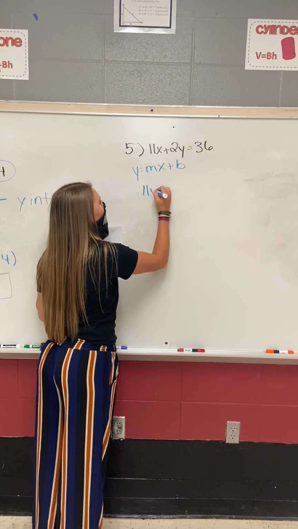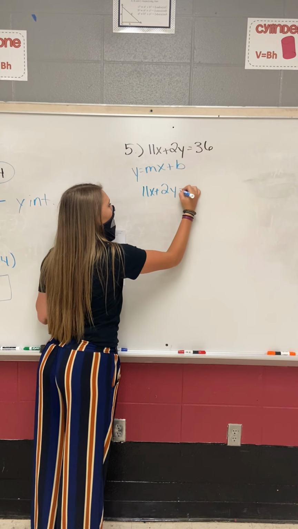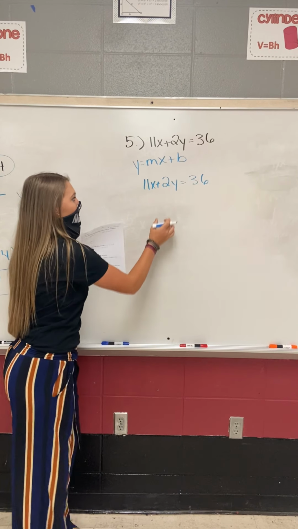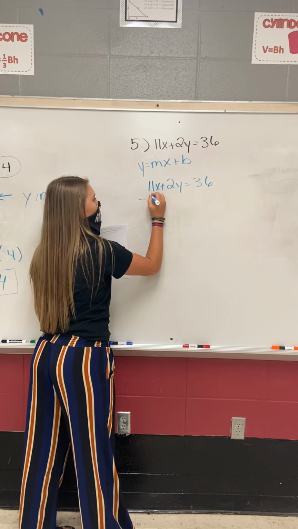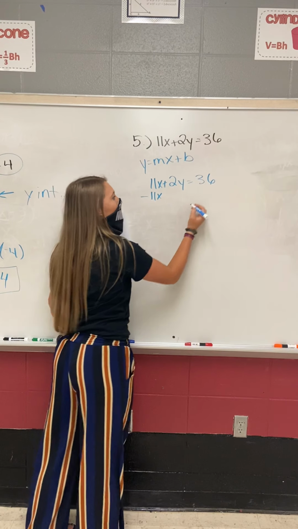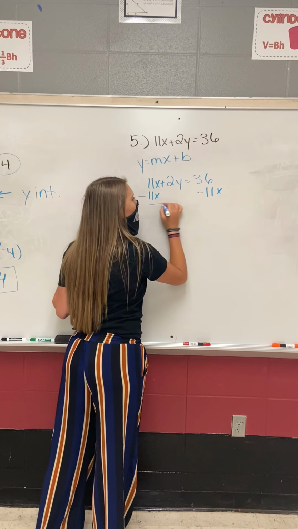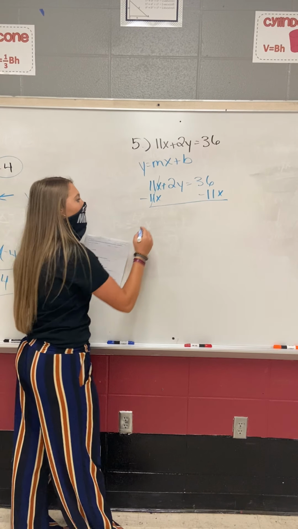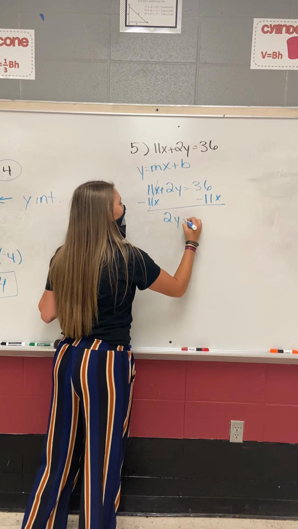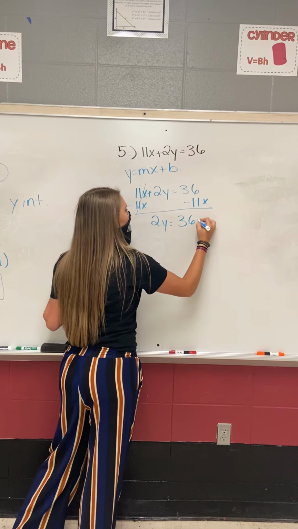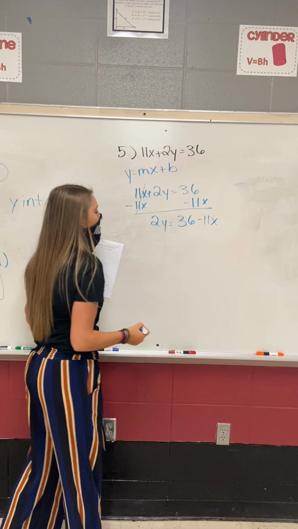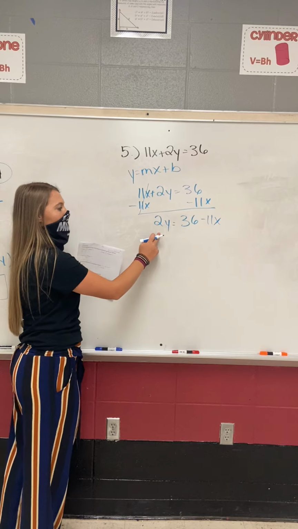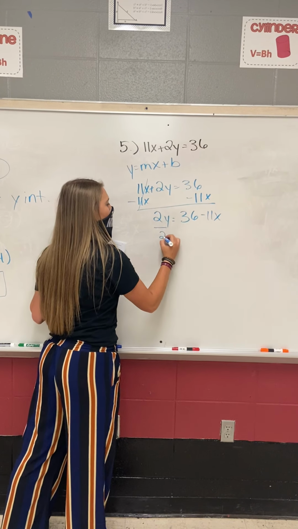So if I have 11x plus 2y equals 36, to get y by itself, I need to subtract 11x on both sides. Once I subtract 11x on both sides, these cancel, and I'm left with 2y equals 36 minus 11x. y is still not by itself, so I need to divide by 2.